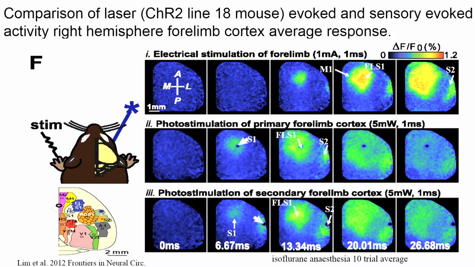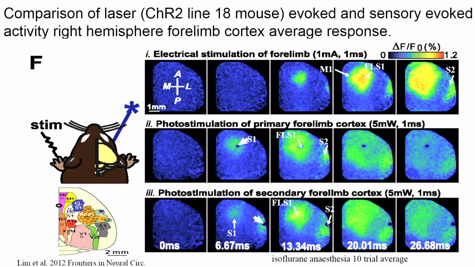So this is the forelimb stimulated response. On the top is what you get when you stimulate the forelimb. And we did a sort of naive experiment in the animal. So we said, okay, now we're not going to stimulate the forelimb, but we're going to stimulate forelimb S1 directly with a laser.